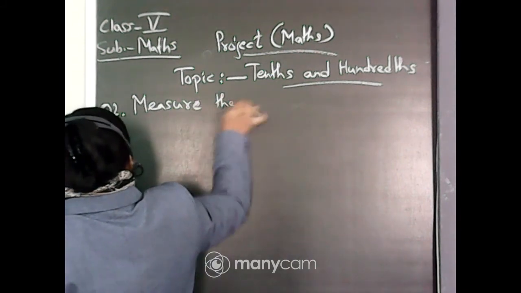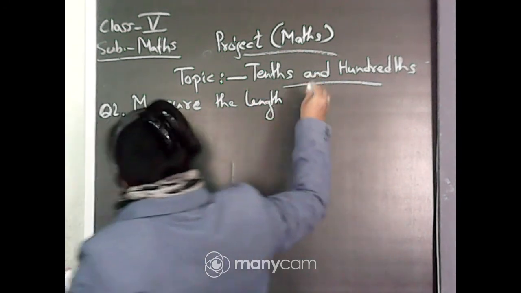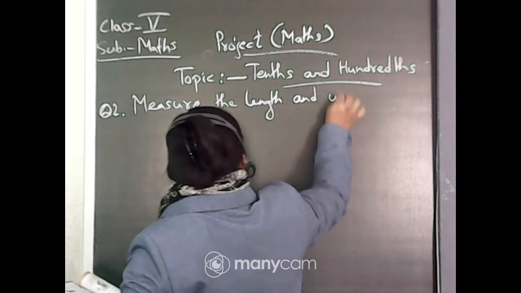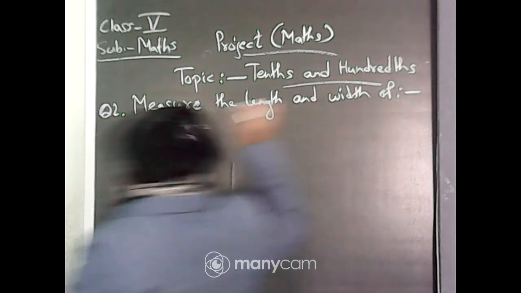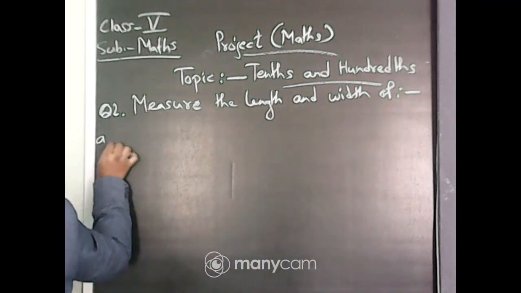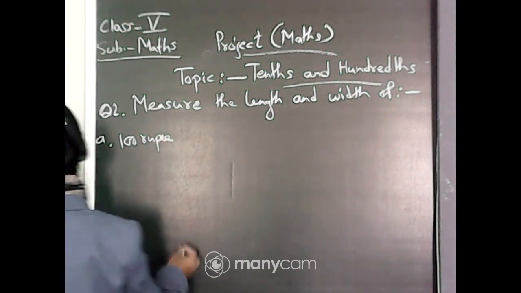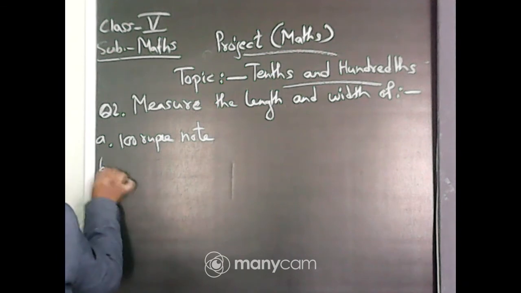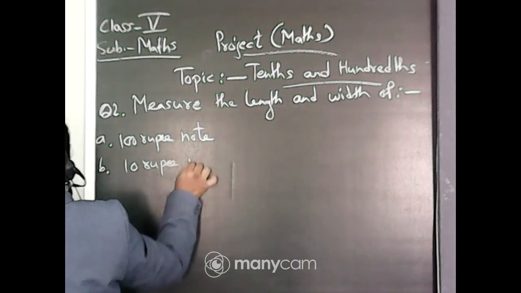Measure the length and width of: number A, 100 rupee note. Then number B, 10 rupee note.